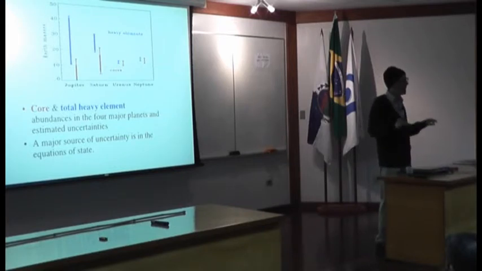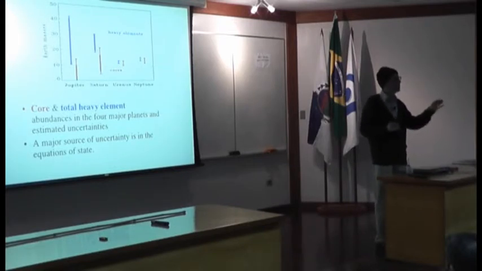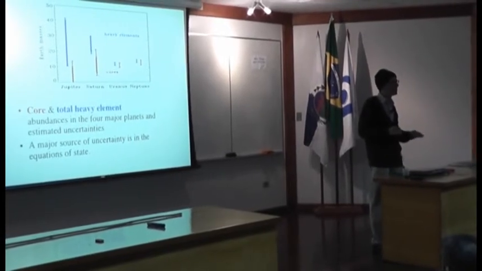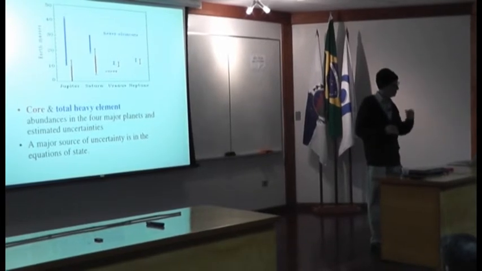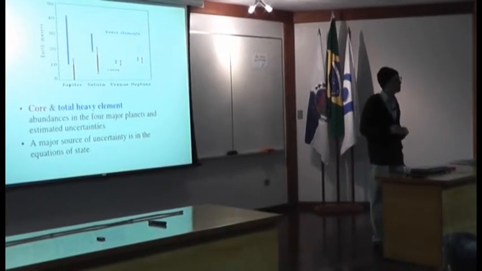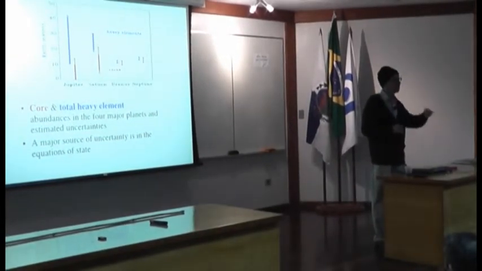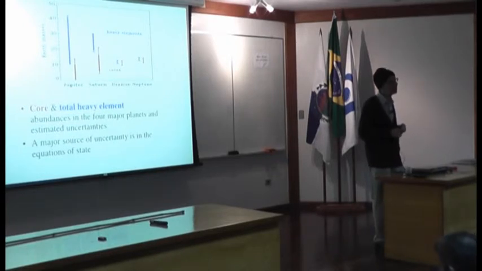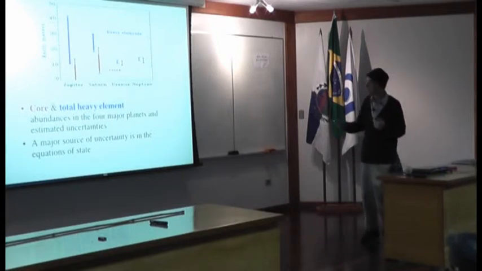They're not that well known, and little small fractional uncertainties of dominant constituents, their density at a given pressure, translate into large uncertainties in these trace constituents, the fractional abundance of the trace constituents.